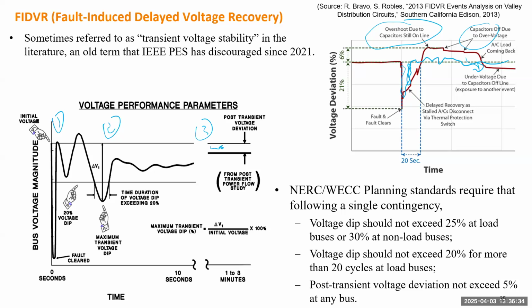If your voltage drops to 0.8, not 0.7, but it stays longer than 20 cycles, that's also bad. You need to limit that. When you get to the third stage, the steady state voltage deviation should not exceed 5%. That's why typically in power flow, when you study steady state conditions, the voltage on the transmission network needs to be from 0.95 to 1.05. So usually 5% variation.